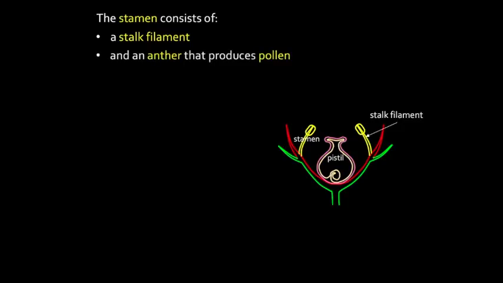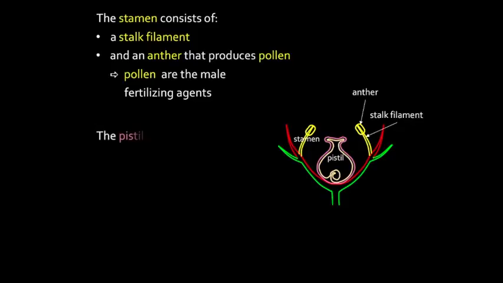The stamen consists of a stalk filament and an anther that produces pollen. Pollen are the male fertilizing agents.